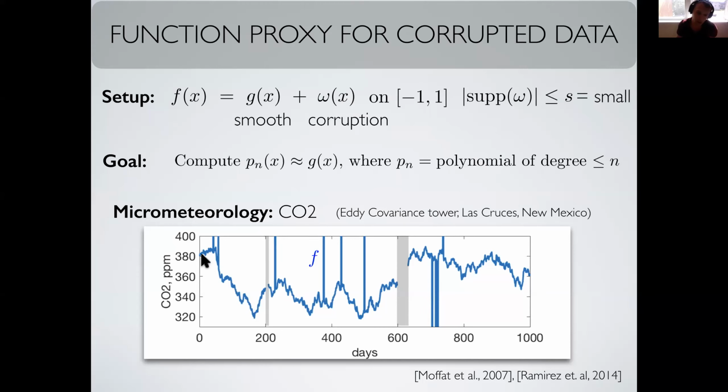So here's a setup. Up in New Mexico, there's a CO2 detector on a mountain that's recording the CO2 in the atmosphere in parts per million. It's recorded over 1,000 days, and each day they take a recording of the CO2 levels. You could imagine this being a relatively smooth function.